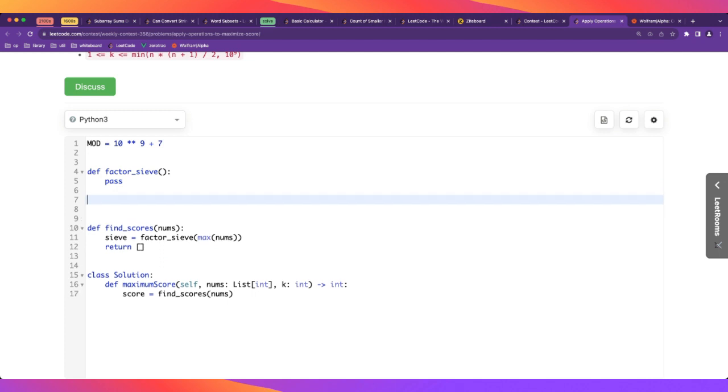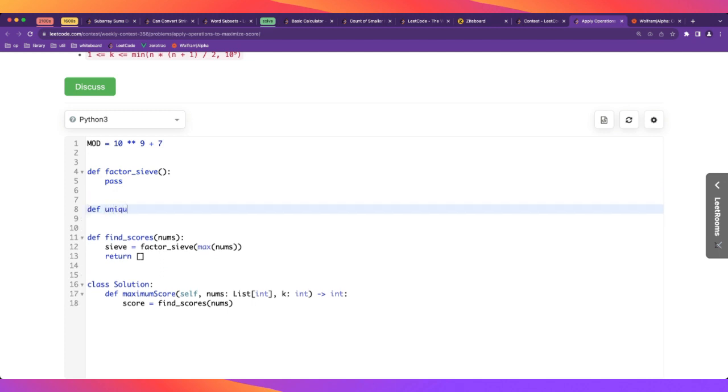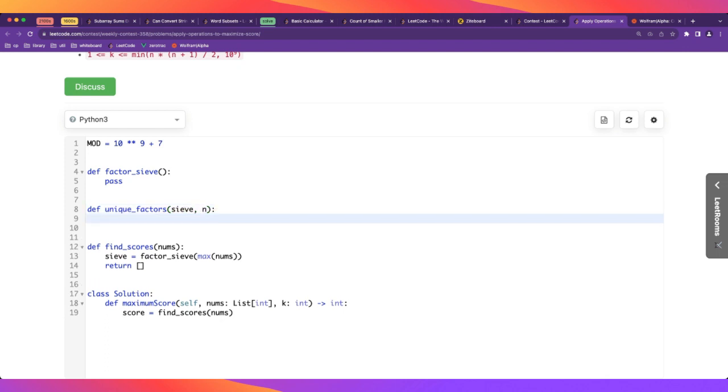And then we want another function. Let's break it down. There's no cost to make many functions as long as they are clear, they are short and sweet. And here we're gonna have a function that, given the sieve and a number, is going to give us how many unique factors, which is a prime score.